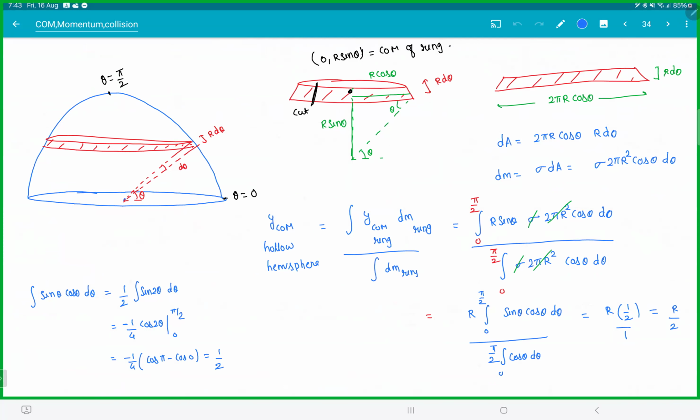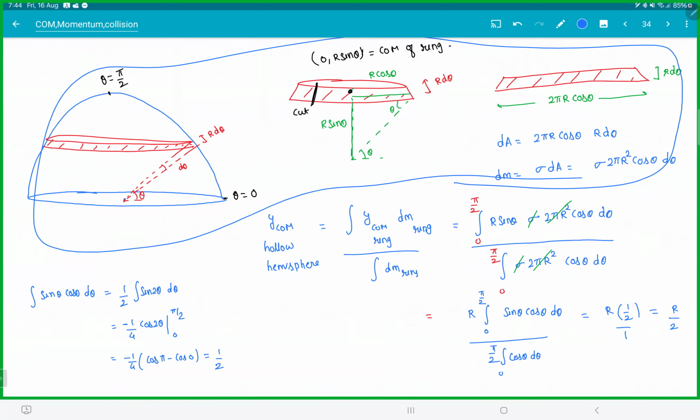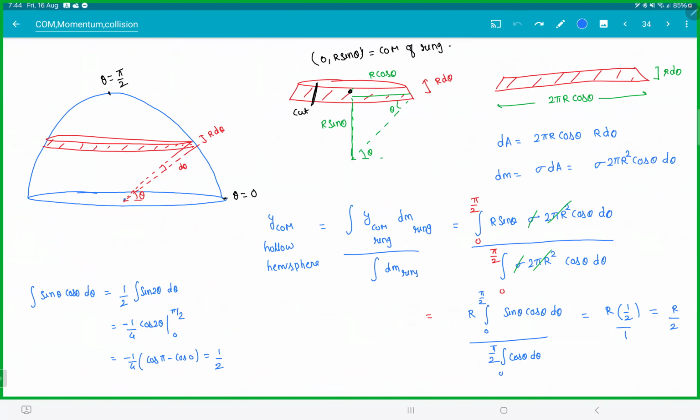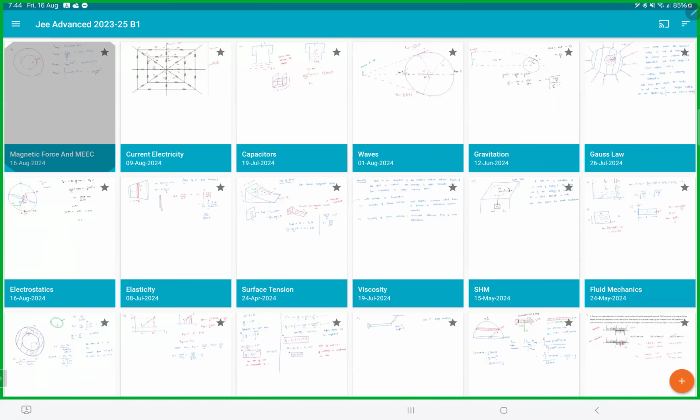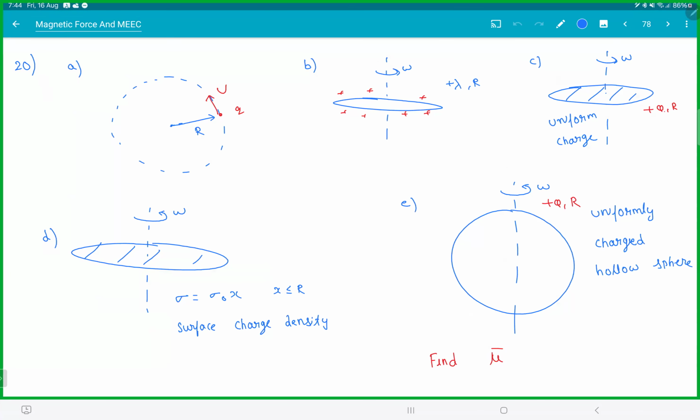You will get a ring from there. That ring will rotate, so the ring's magnetic moment will come. You have to integrate those rings, and you'll get a full hollow sphere. The idea is the same, at least till this part. Think. Another minute and I'll show you.